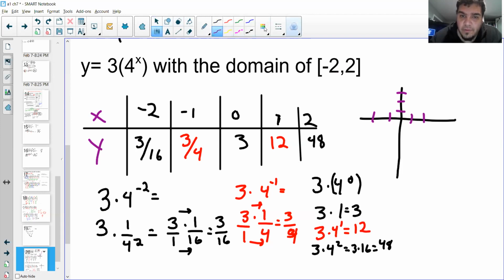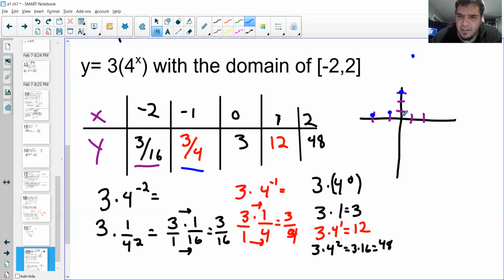So for the first point, 3/16, that's somewhere between, I should pick a different color, it's somewhere between 0 and 1. 3/4, that's somewhere between 0 and 1, but a little bit higher than 3/16. At 0, 3, so 0 and then 3 up. At 1, 12, that would be really high.